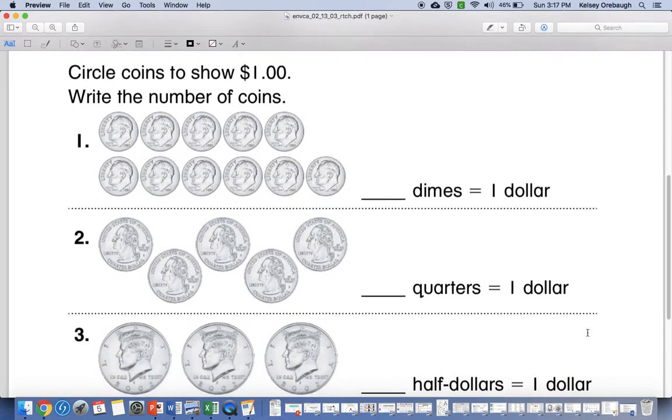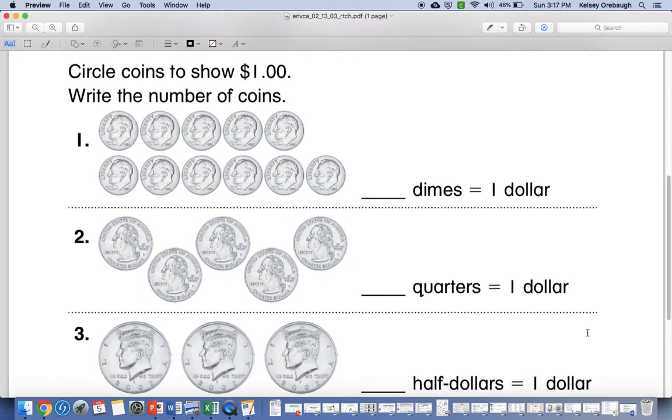Circle coins to show $1. Write the number of coins. So here we have dimes. I want you to think about how much one dime is worth. One dime is worth 10 cents.